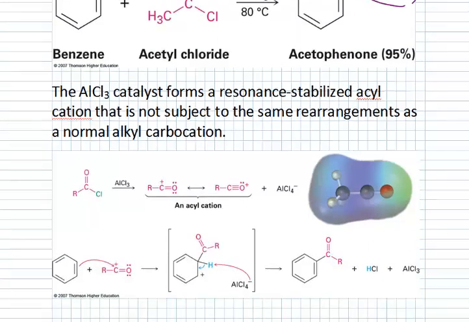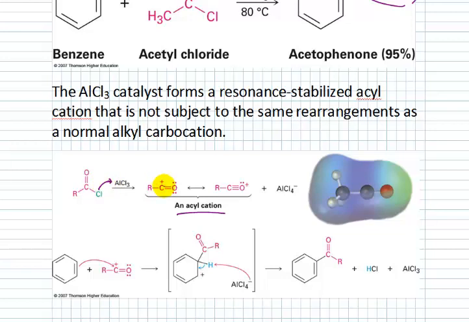So what is it here that forms? The AlCl3 catalyst forms a resonance-stabilized acyl cation. How does that work? The chlorine attacks the aluminum. We break the carbon-chlorine bond, so we get a carbocation.